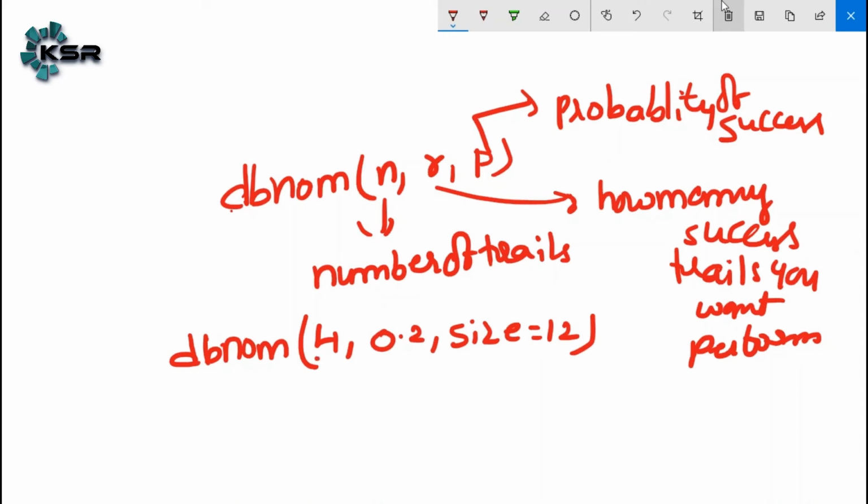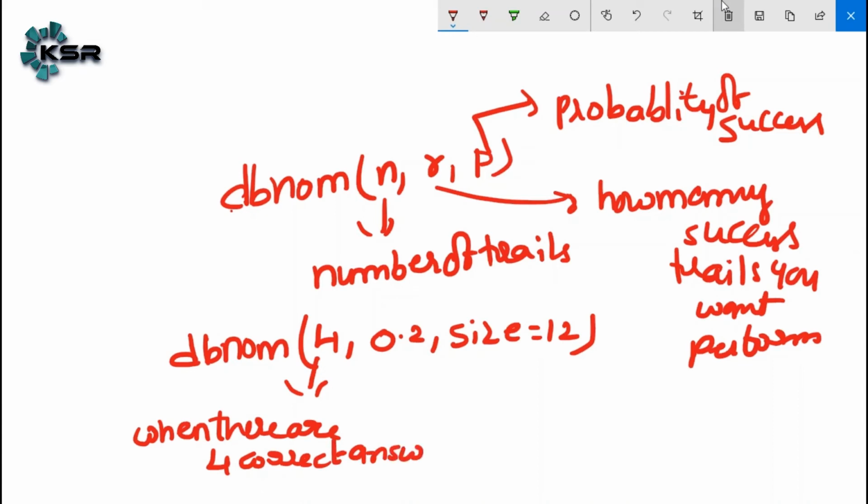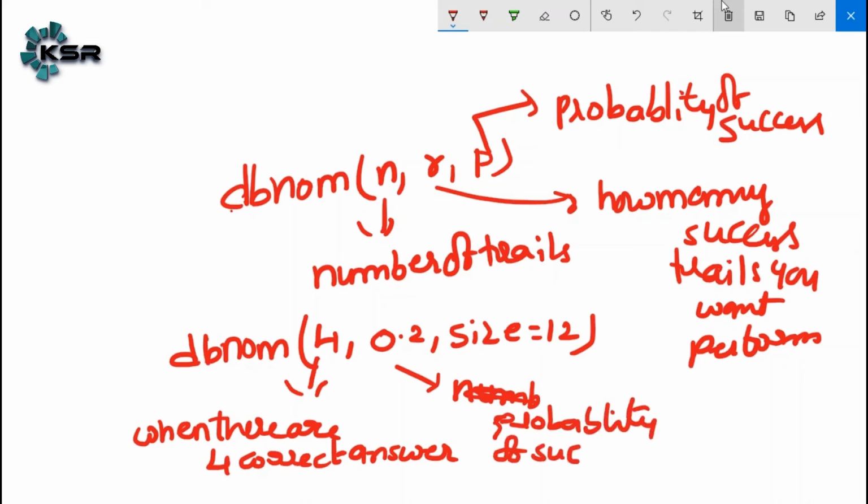4 is nothing but number of trials when there are 4 correct answers. 0.2 is nothing but probability of success. Size is equal to 12 means number of trials.